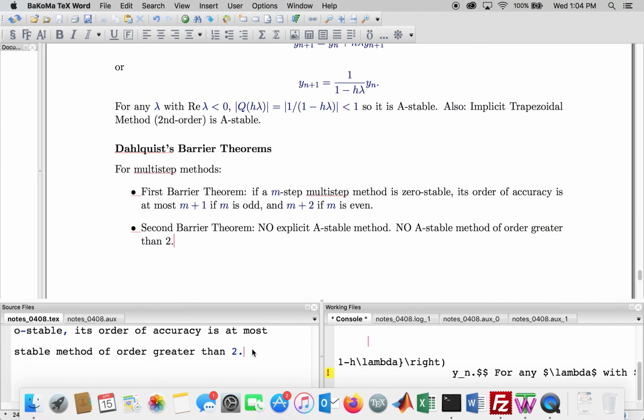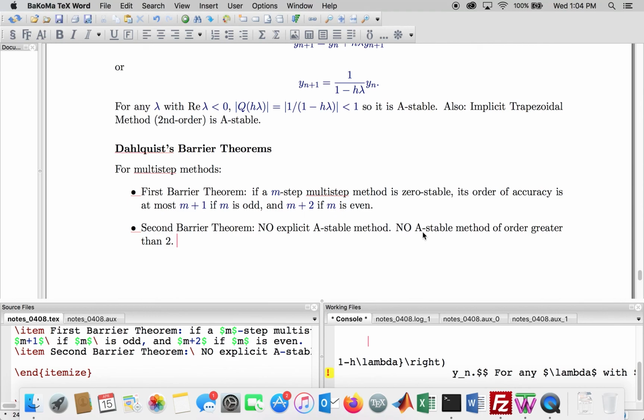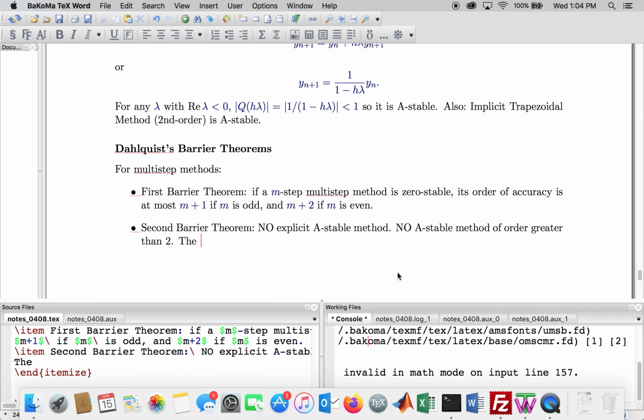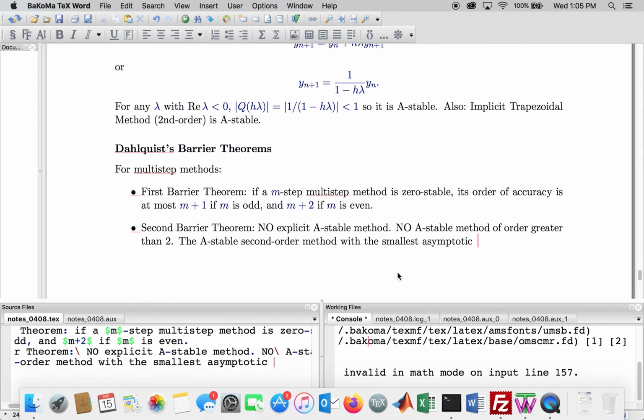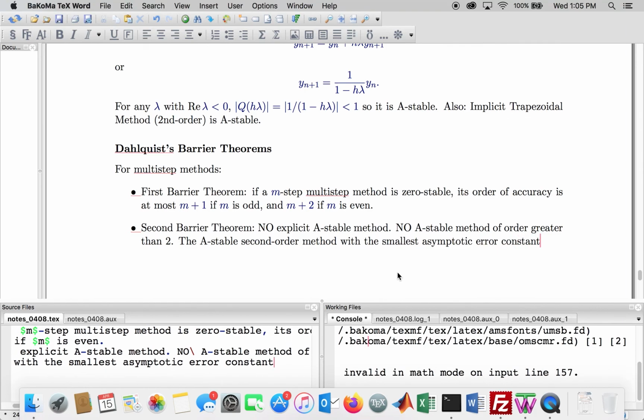Also, among A-stable methods whose order is equal to 2, the A-stable second order method with the smallest asymptotic error constant is the one I just talked about. Now remember, all error formulas for these time-stepping methods include a power of h, a higher order derivative of y, and then some constant factors.